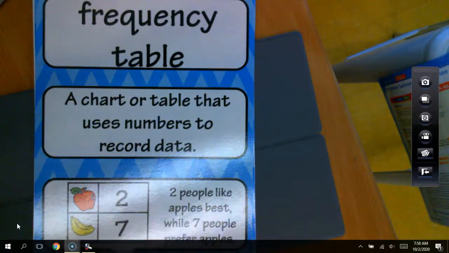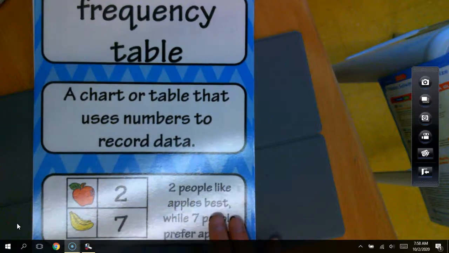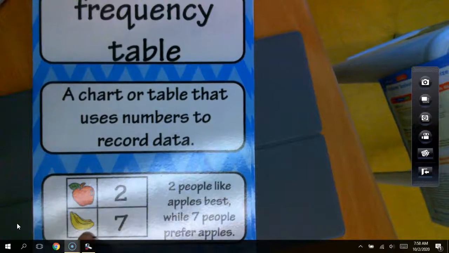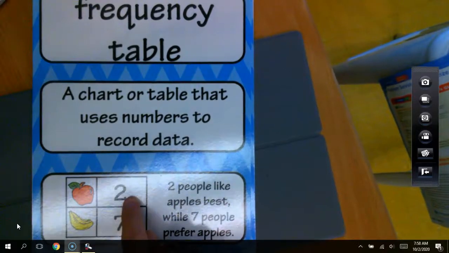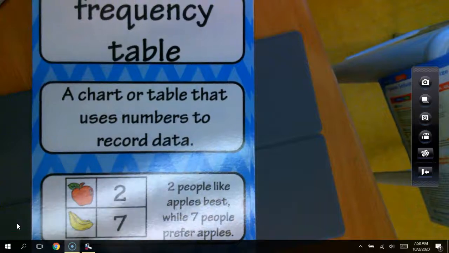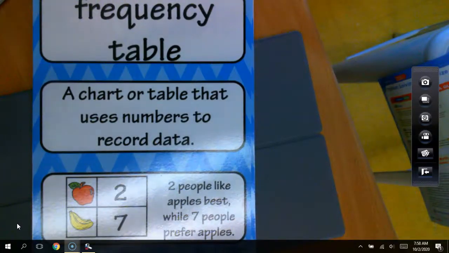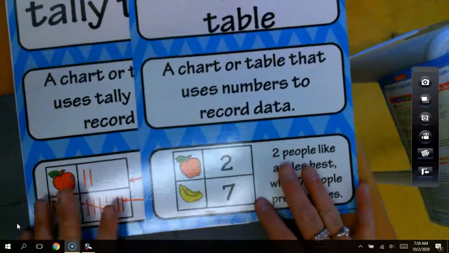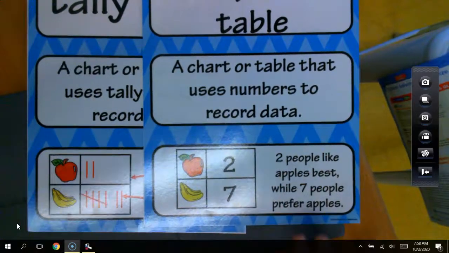Now, if you look down here at my frequency table, you can see I had the same information that you just saw in my tally table. I have my apple. I have my banana. I had 2 people that chose apple, and I have 7 people that chose bananas. If you look side by side, boys and girls, it's the same information.